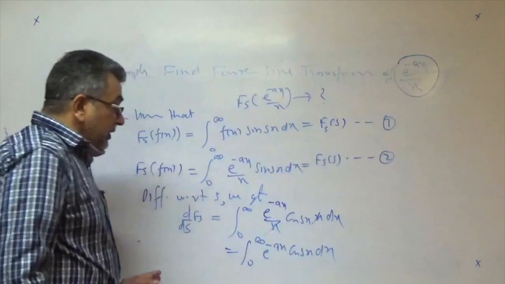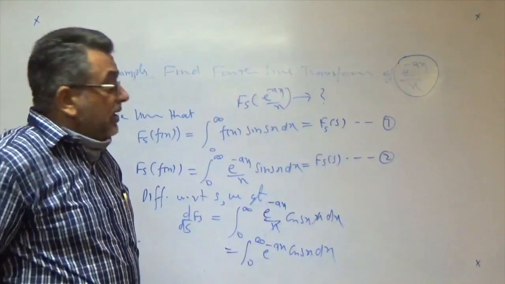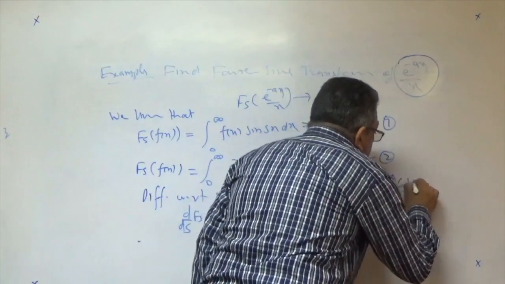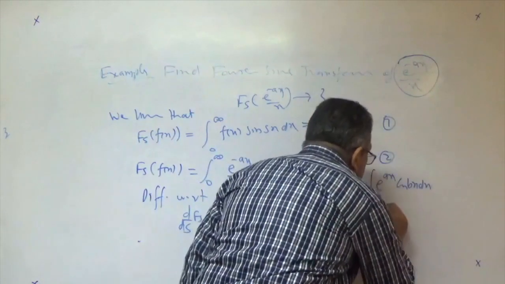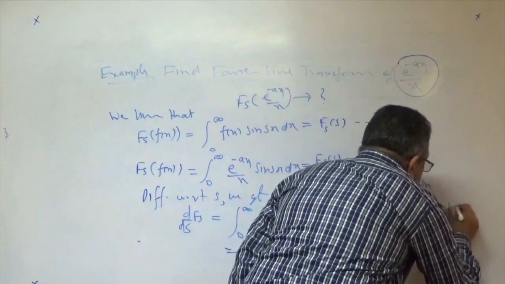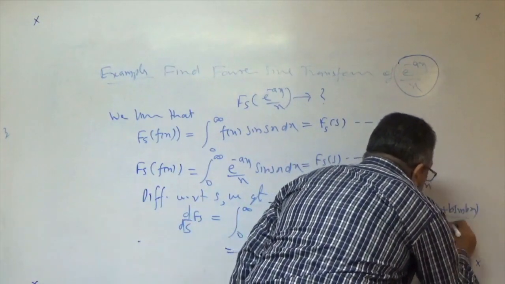Right? Now, this is your standard integral. You have a formula directly, because you know the formula for the integral of e to the power ax cos bx dx. The formula is e to the power ax times (a cos bx plus b sin bx) upon a square plus b square.